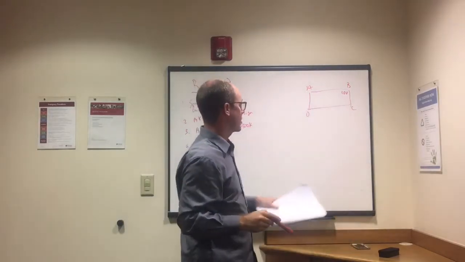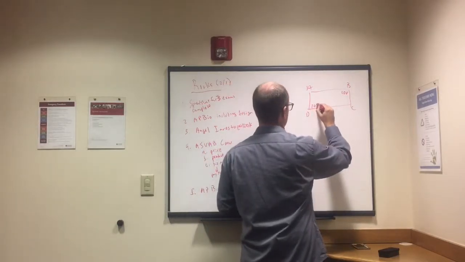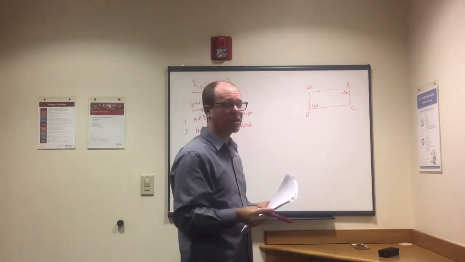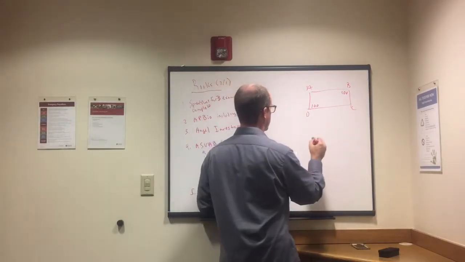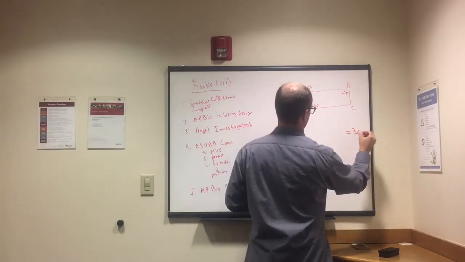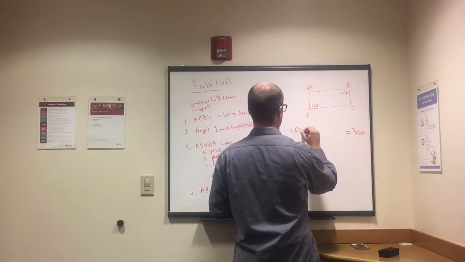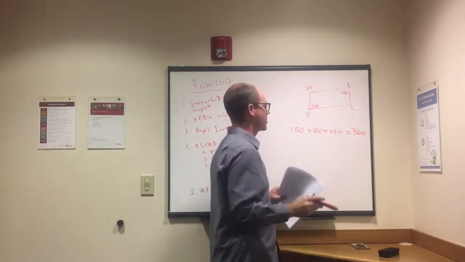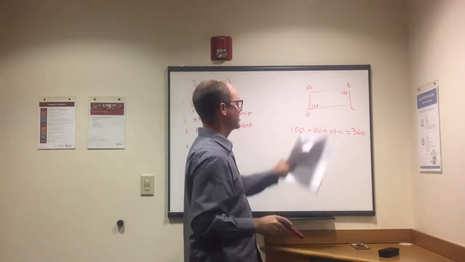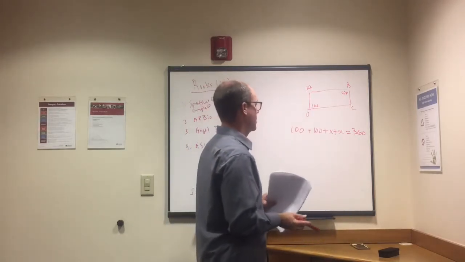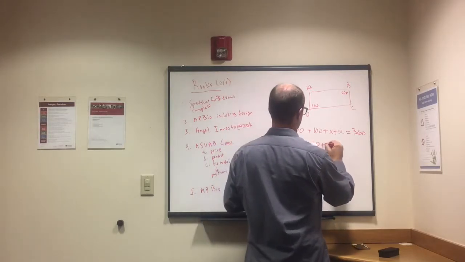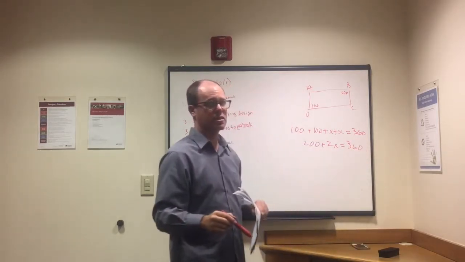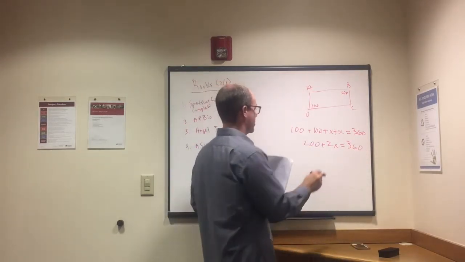So if B equals 100 and D equals 100, they have to be equal. They gave us that, and then they asked us what is the angle A. Now we need to know that it adds up to 360. We have 100 plus 100 plus A and C equals 360. But we do know A and C have to be equal, so 200 plus 2x is 360. 100 plus 100 is 200.